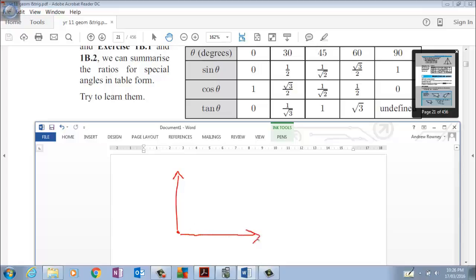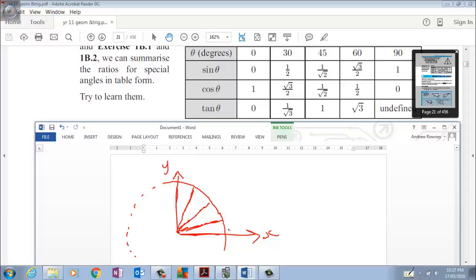So here is the x coordinate, here is the y coordinate, and here is a quarter of our unit circle like this, and of course it would continue around for a full 360 degrees. But we're only going to look at the 0 degree, the 30 degree, the 45, the 60 and the 90.